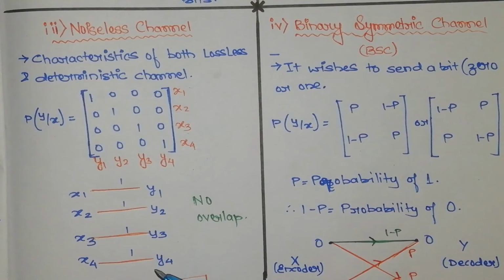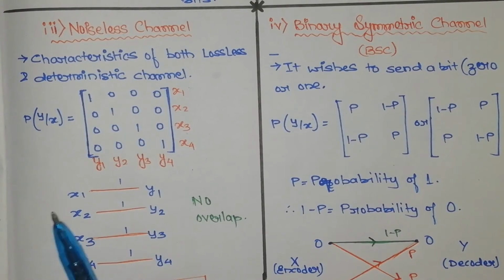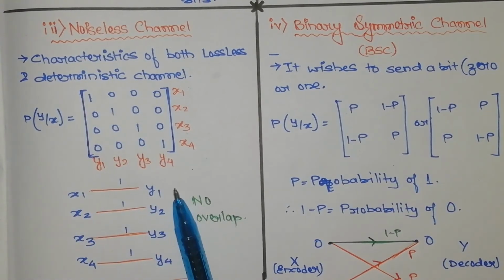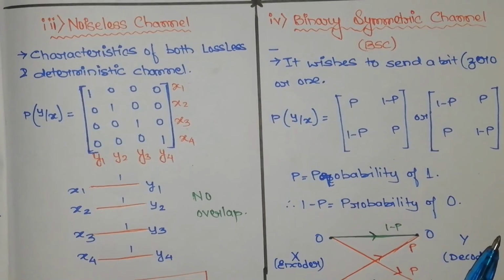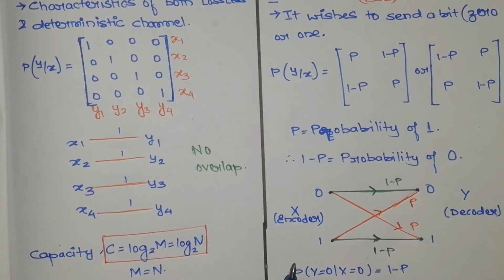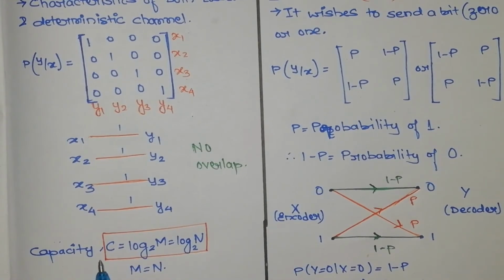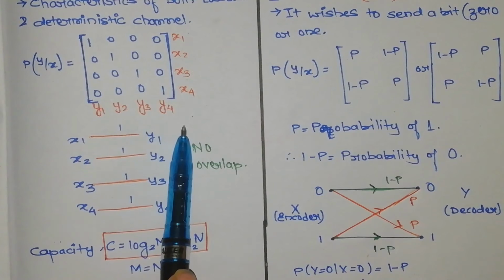If we map the inlets and outlets of this channel, we can see that there is 1-to-1 mapping, that is, for one input there is one particular output. So there is no overlapping of the inputs, nor the outputs. The capacity of the noiseless channel can be defined as C equals log of m or log of n base 2, where m is equal to n, as there is 1-to-1 mapping.